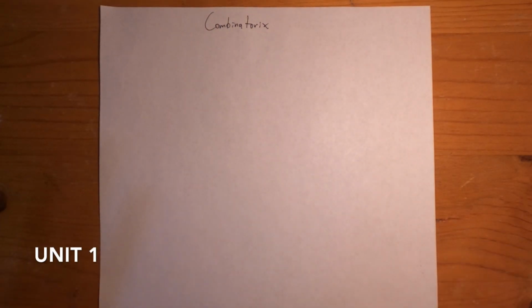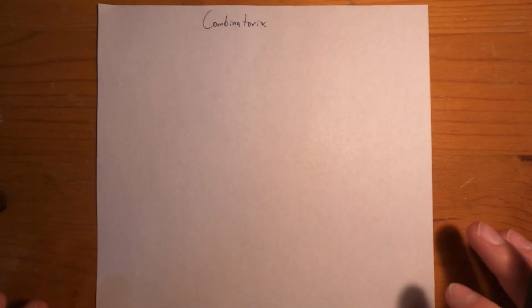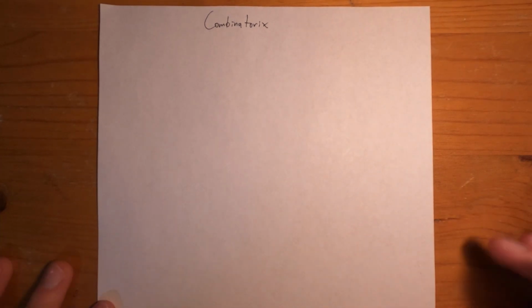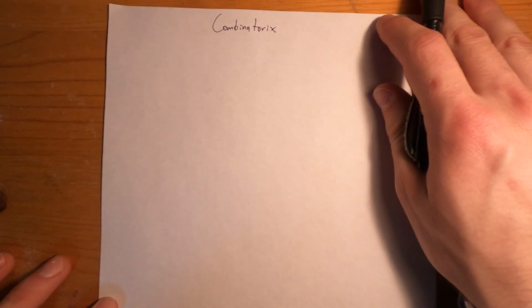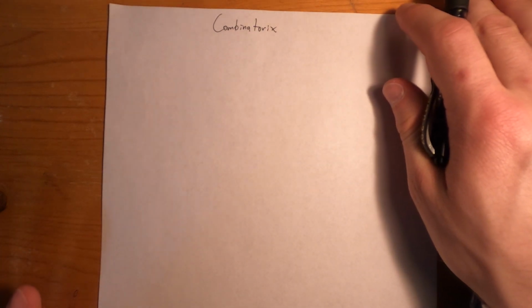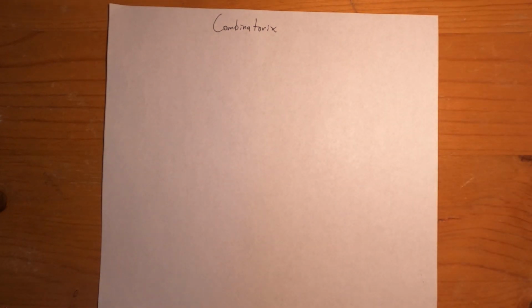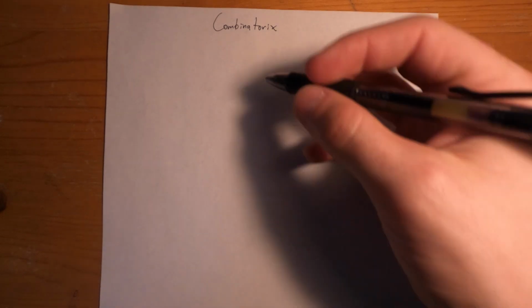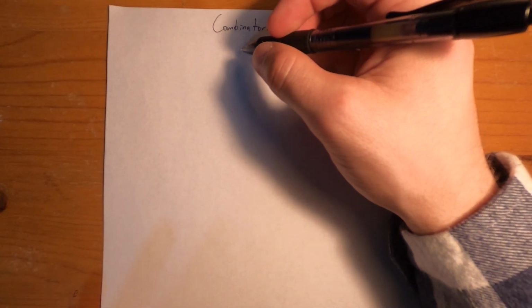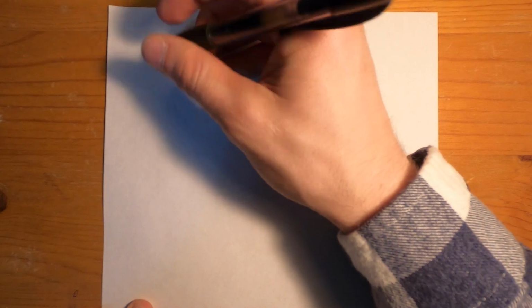Okay, so combinations, permutations, the multiplication rule, all of that falls under the umbrella of combinatorics. That's the long fancy name for what this stuff is called. There's an easy way for you to tell what way you need to go about solving each problem.